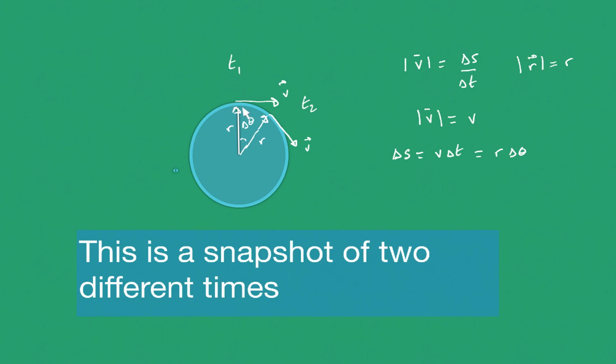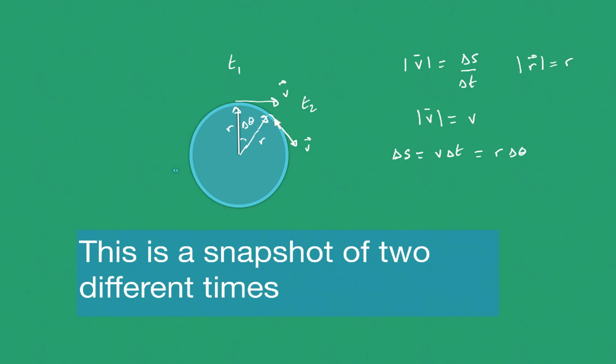During the time t1 to t2, the object will move and will displace a distance that we will call delta s. Delta s is the arc of distance along the circle. Meanwhile, the angle that is swept is delta theta. So it moved from here to here in the time from t1 to t2, sweeping this angle delta theta.